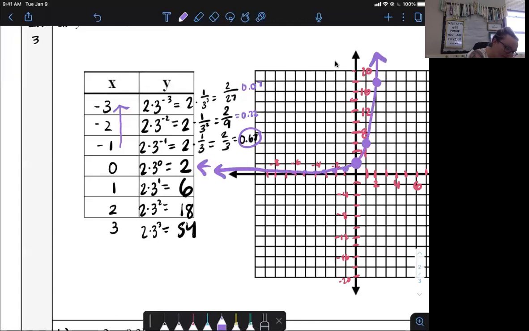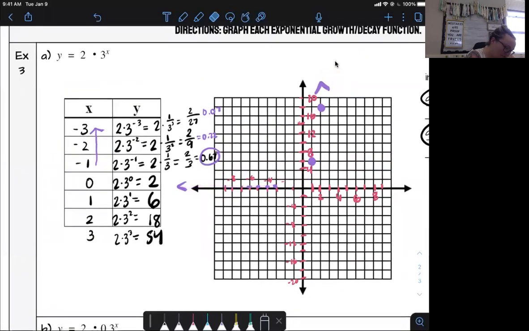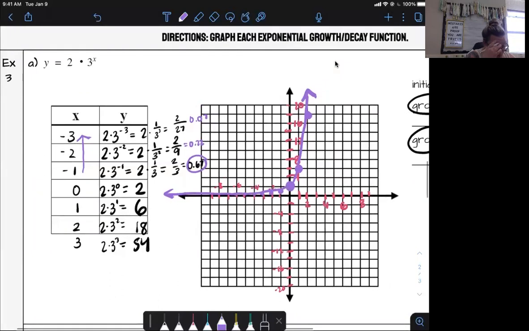So when you draw on your graph, you're going to show that your function is getting closer and closer to that x-axis, but you don't want to cross it and you don't want to go below it. It is not possible. Oh, no. Accidentally erase. There we go. For our initial amount of 2 to get smaller than 0, you can't get a negative amount.